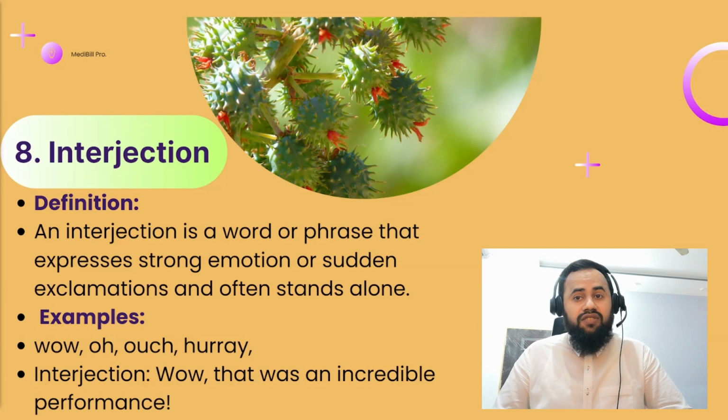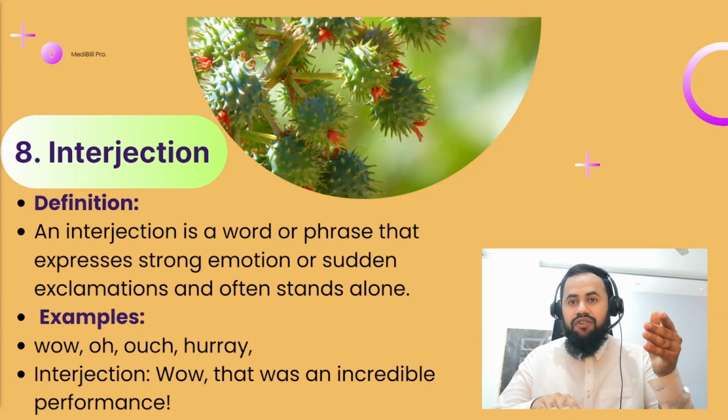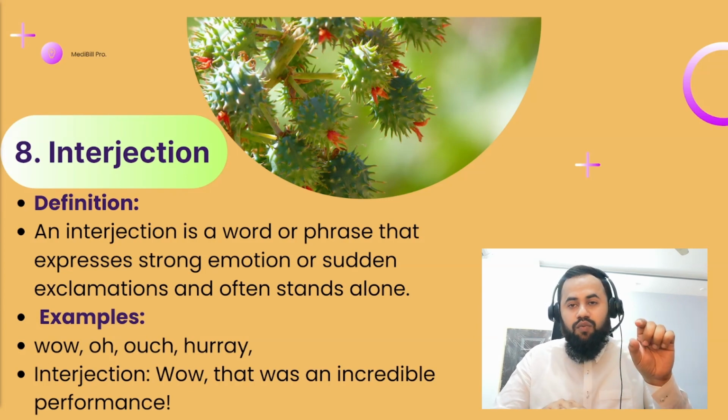So we call that an interjection. What are the examples we have? It's "wow". When you see something extraordinary, you say, wow, man, how did you do that? So "wow" is the word that we call an interjection.